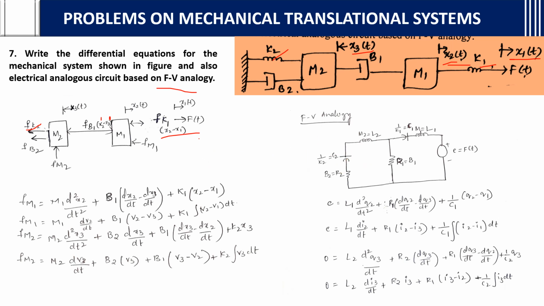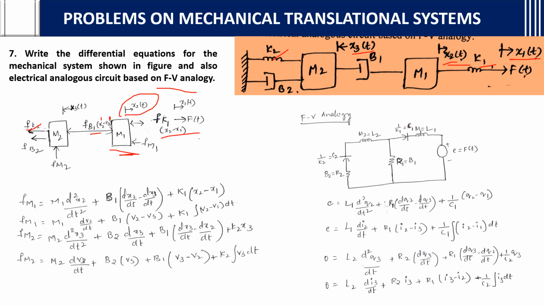After writing, what will we do? We'll write the differential equation. For M1 and M2 we should write separately. First M1: F_M1 is equal to M1 into d square x2 by dt square plus B1 into (dx2 by dt minus dx3 by dt).